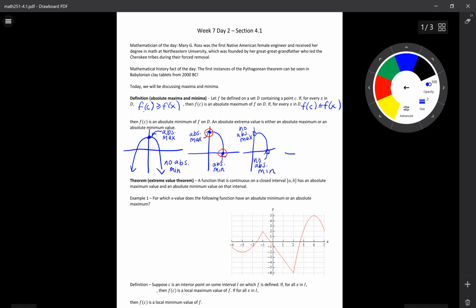And finally, if I have a graph that looks like this, then I have an absolute min here. That's the smallest y value. But because my y values continue to get bigger according to those arrows, I do not have an absolute max.